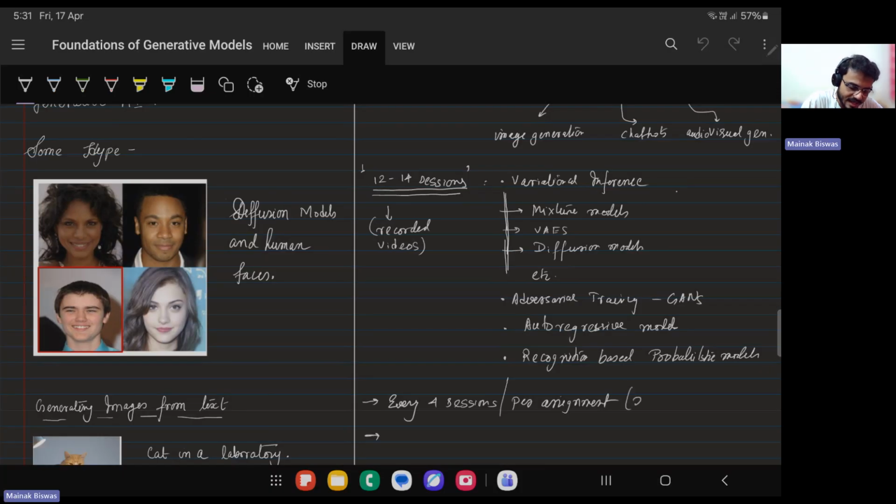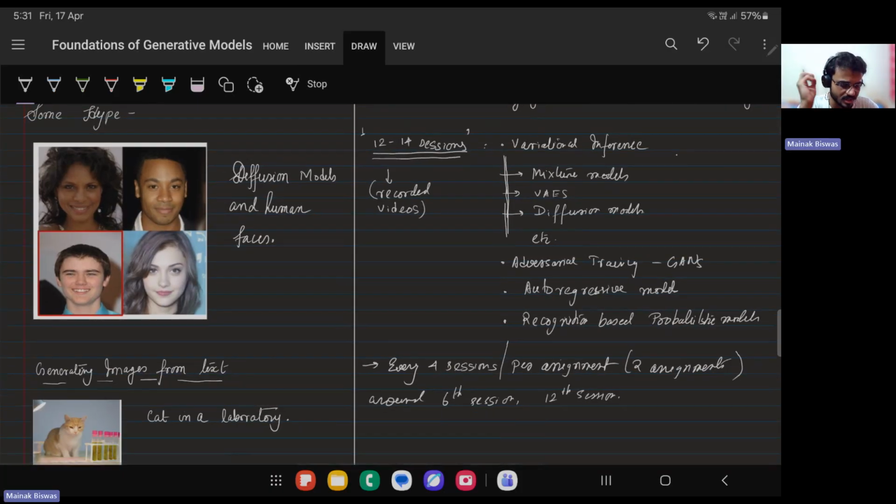I'll have 2 assignments, say after the 6th session and the 12th session maybe. This is the rough idea that I have. After these two, I'll be having a live doubt clearing session, and people, after solving the assignments, can interact with me.